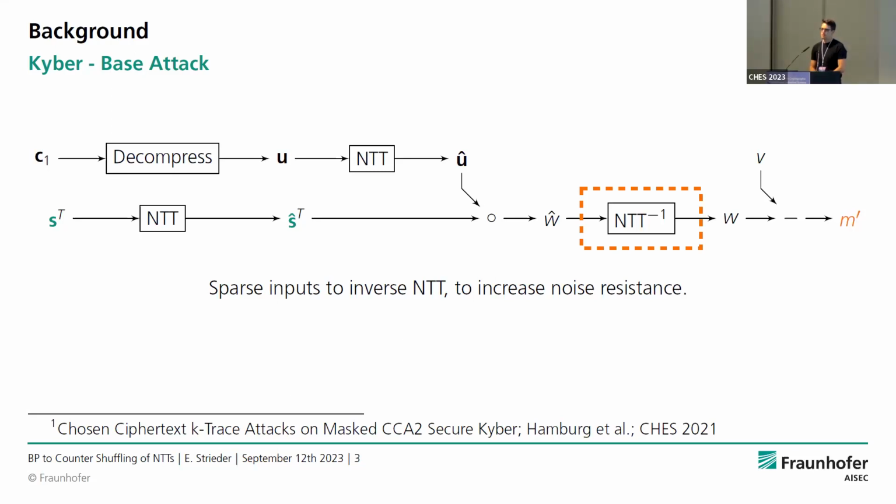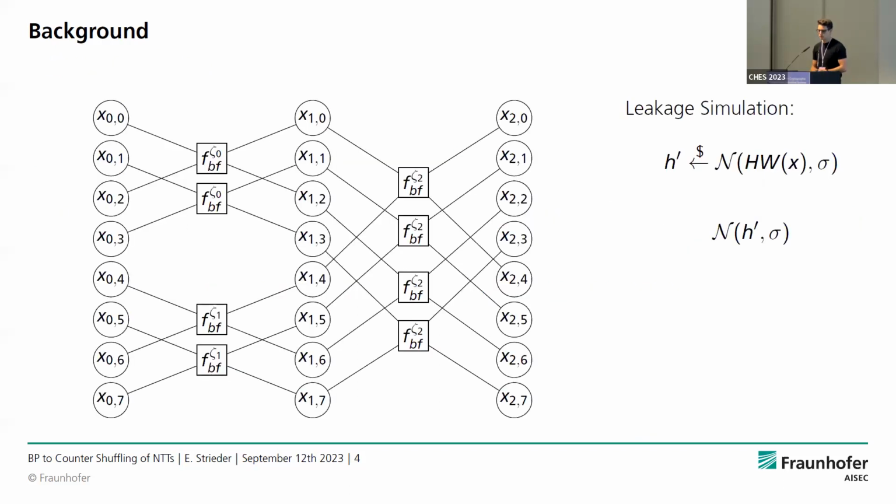This sparseness can be calculated up front, and you only have to calculate it once, so that's easy for an attacker. This sparseness helps with the belief propagation convergence because you have less noise, and therefore the belief propagation can converge easily. So this work was done in 2021, and we built upon that work.